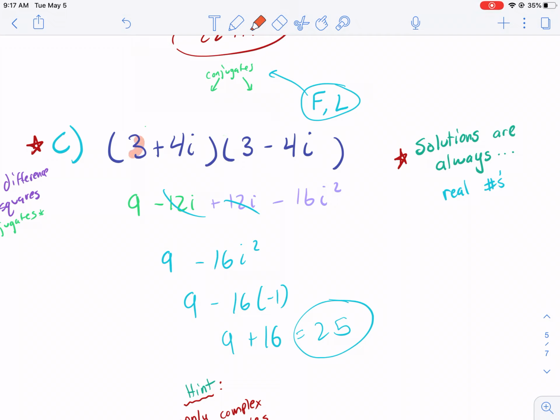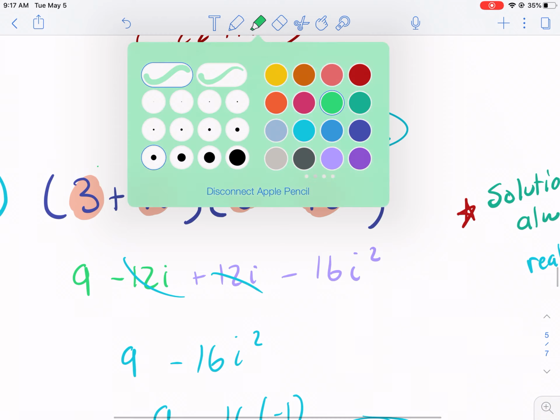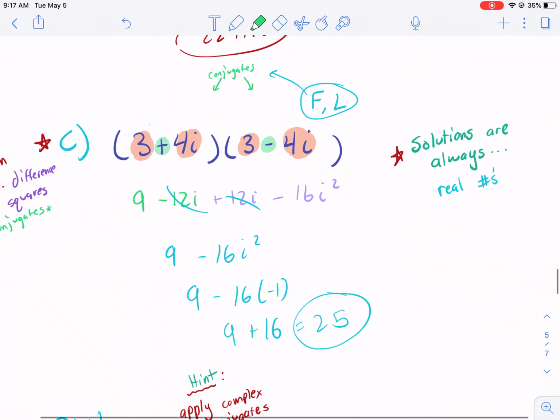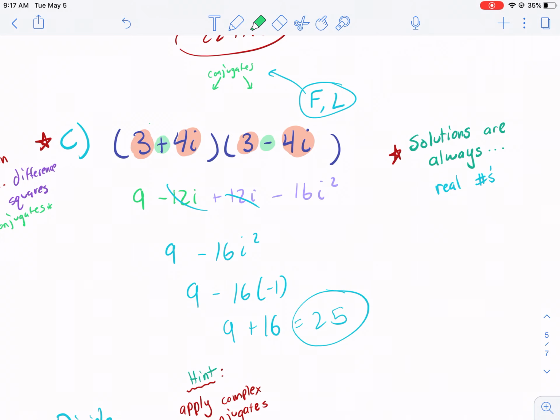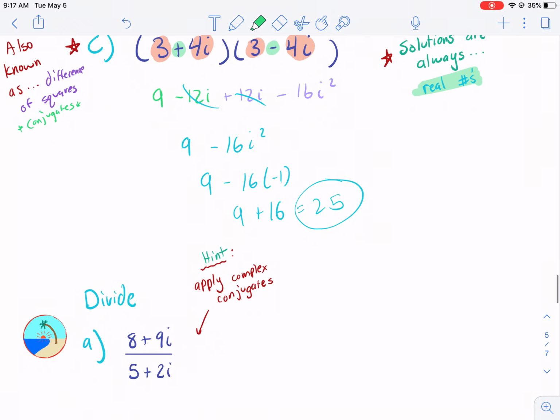Conjugates are when you have identical terms inside two parentheses being multiplied, but the only difference is there's addition in one and subtraction in the other. So that's what leads to this case. It's real numbers when we multiply complex conjugates.